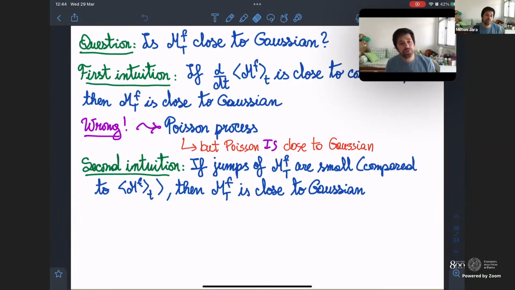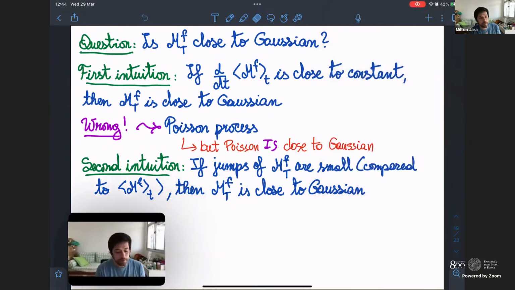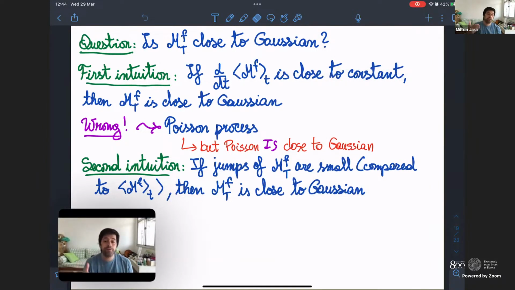The question is whether this martingale is close to Gaussian, and the first intuition we have is that if the quadratic variation is close to constant, then the martingale should be close to Gaussian, because then it will be like a Wiener integral with respect to Brownian motion. You can start to think about representation theorems for martingales. This first intuition is wrong because of the Poisson process. Poisson process has a constant quadratic variation, and so is not Gaussian.